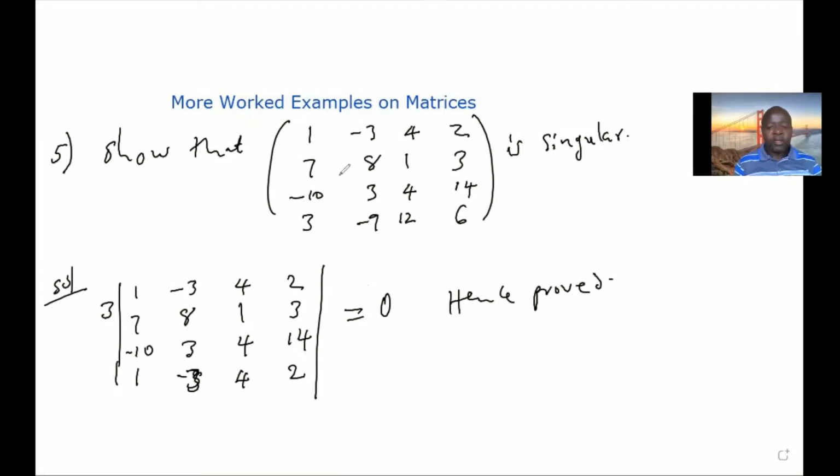We proved that this matrix is singular, because we've found that the determinant is 0. So you don't need to do a lot of work here to get the determinant. Just check whether you can use 1 or 2 of the properties we learned. When I discovered that there's a common factor here, I put it out, and then I looked at this row and this row, and they were the same, so I applied the property that whenever you have 2 rows which are identical, or 2 columns which are identical, then the matrix will have determinant of 0.